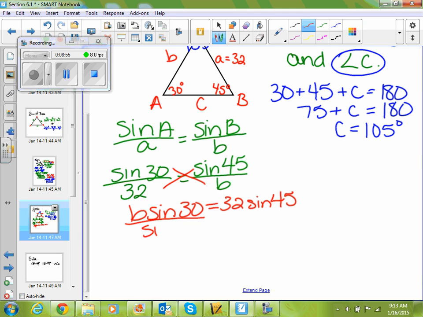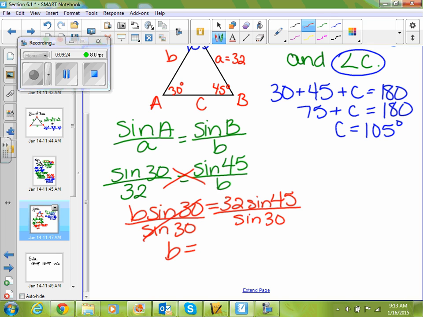Okay, so then I divide by sine of 30. So B equals 32 sine of 45 divided by sine of 30. Well, 32 sine of 45, if you plug that into your calculator, is 22.627.